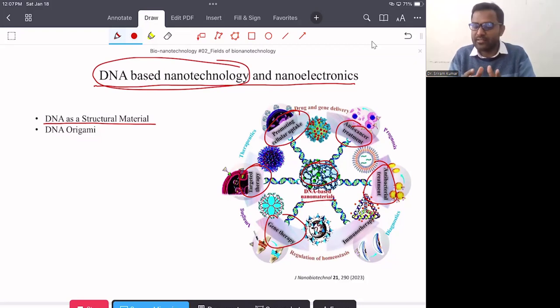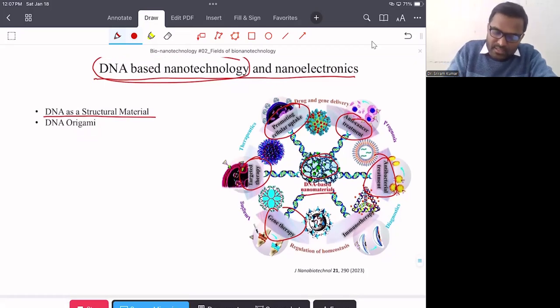So these are the different applications. We have a DNA and we modify it with our desired nanomaterials and use it for different applications. So these are the areas of research if you are just focusing on DNA-based nanotechnology.